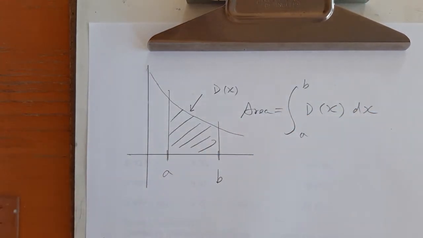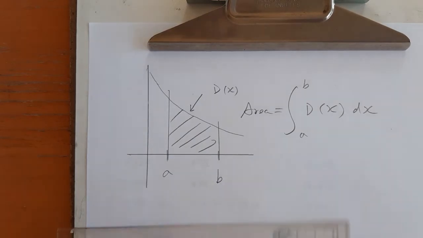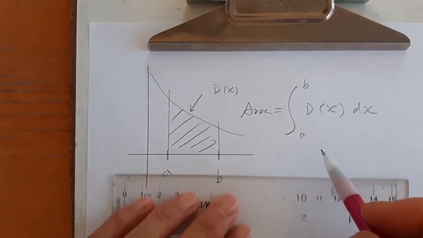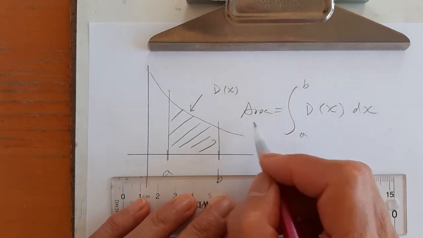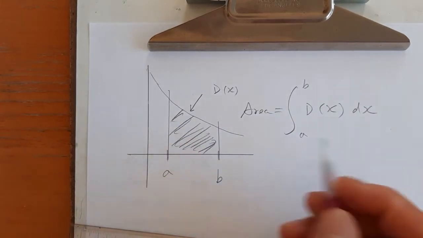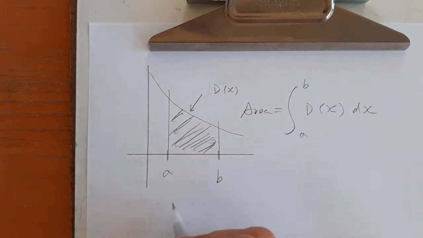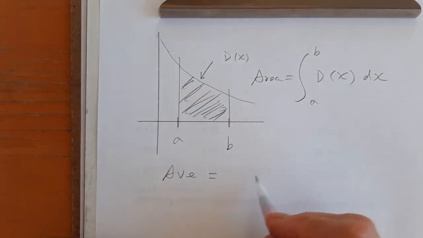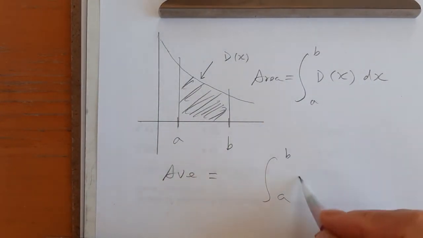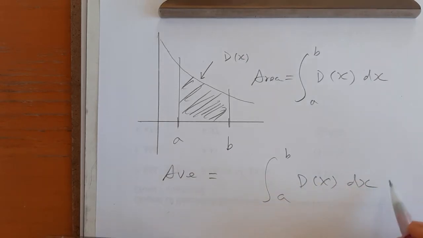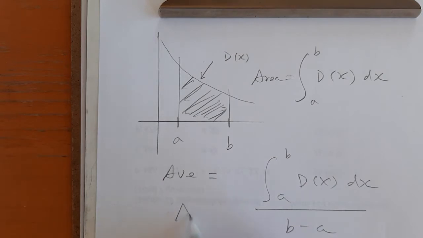If you divide this area by b minus a, you get the average.